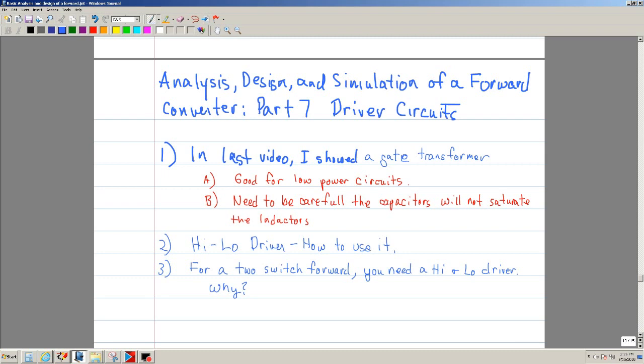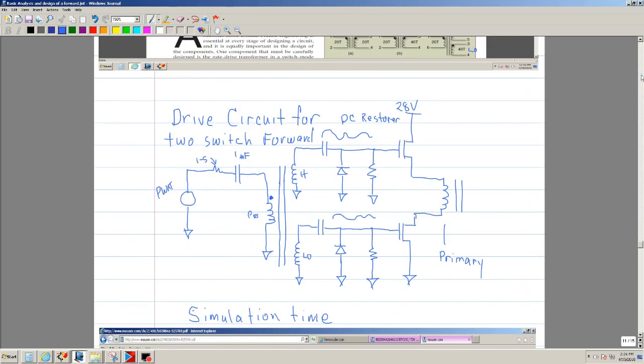So, in the last video, which was done quite a long time ago, I showed a gate transformer drive circuit. Here is the gate drive. Basically, I'm using a transformer.